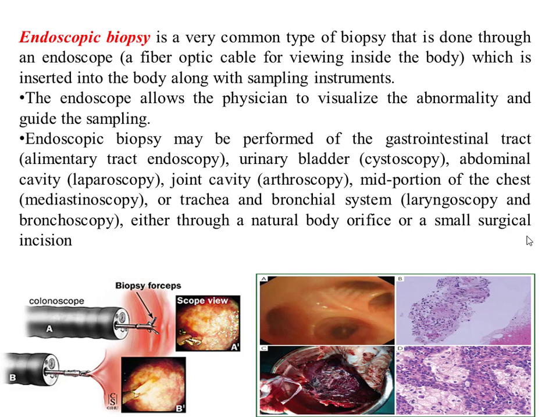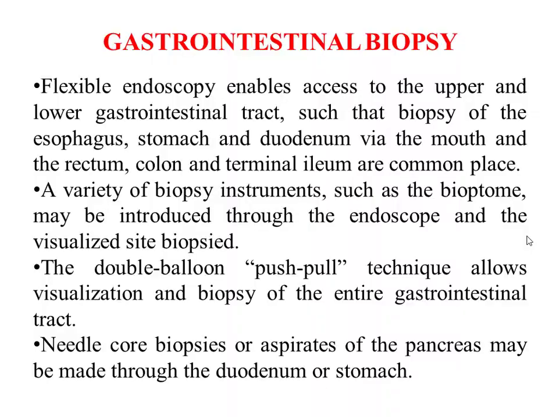Endoscopic biopsy may be performed of the gastrointestinal tract (alimentary tract endoscopy), urinary bladder (cystoscopy), abdominal cavity (laparoscopy), joint cavity (arthroscopy), mid portion of the chest (mediastinoscopy), or trachea and bronchial system (laryngoscopy and bronchoscopy), either through the natural body orifice or a small surgical incision.